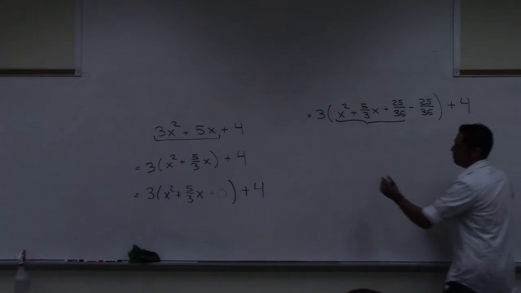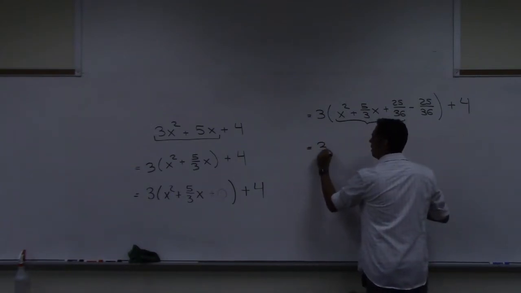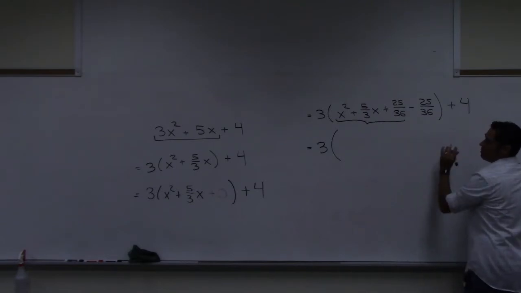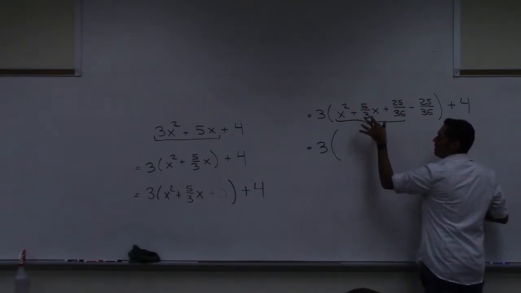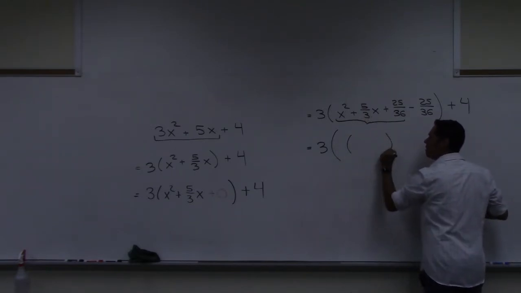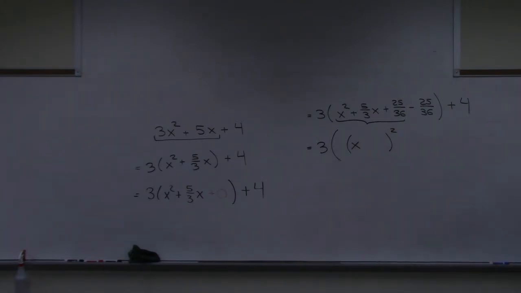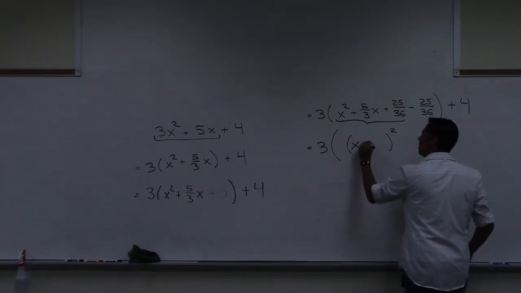So watch, I'm going to be very careful with my parentheses. I have a 3. I have a parentheses, right? I have another parentheses back here, but these 3 terms become that, right? And what is that thing inside there with the x? 5/6. It was 5/6, right? Positive?